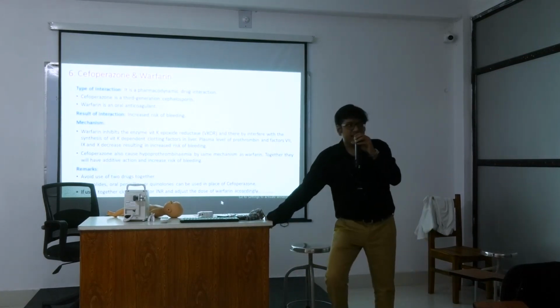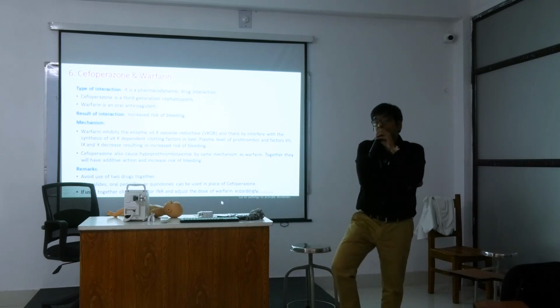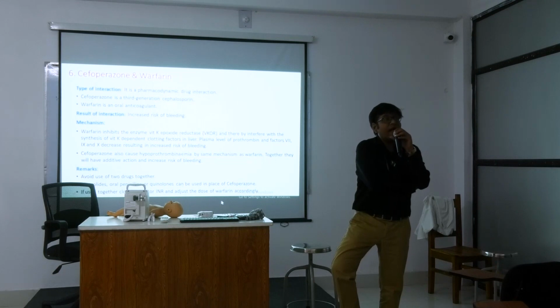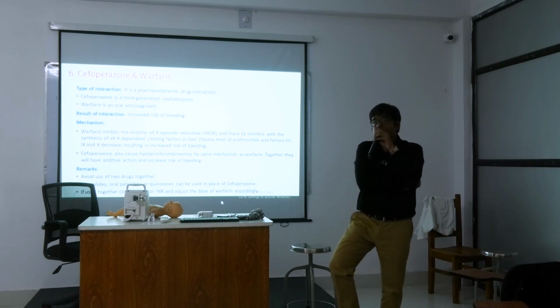These 4 coagulation factors are vitamin K dependent. They require vitamin K to become activated. Without vitamin K, factors 2, 7, 9 and 10 will not be activated and there will be bleeding tendencies in the body.